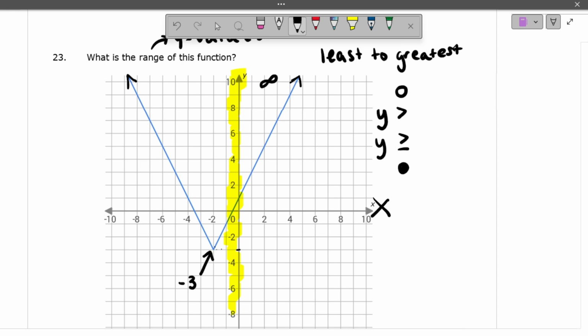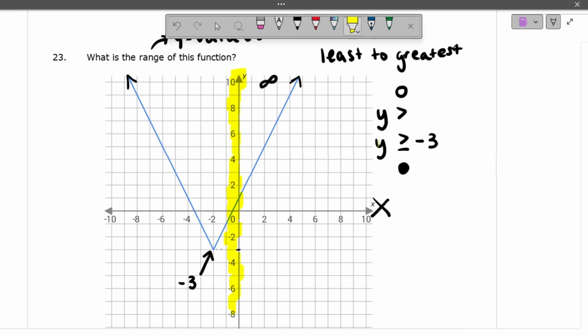But looking at our graph, we don't have any circle at all. We just have a solid line. So a solid line is also the same as a filled in circle. Therefore, we're going to use y is greater than or equal to -3.